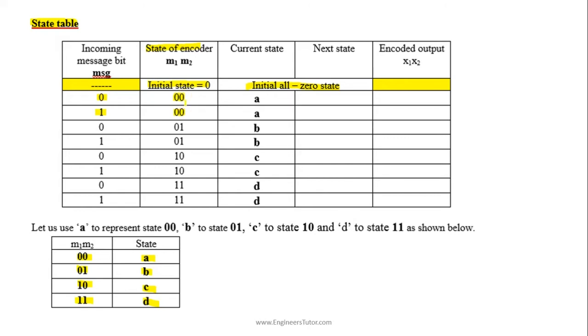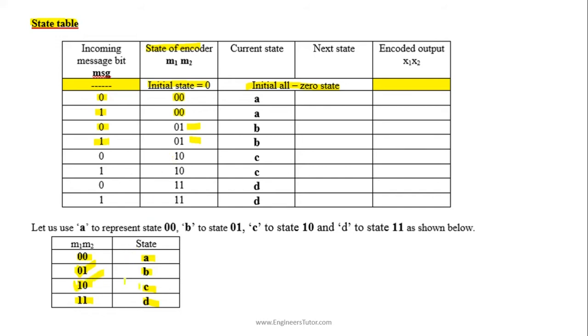So we repeat 00 twice, because for this state the incoming bit may be 0, and we also consider the case where the incoming bit is 1. Similarly, for 01 we repeat it 2 times, because the incoming bit may be 0 or 1.